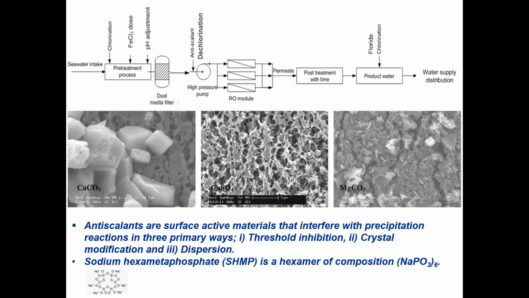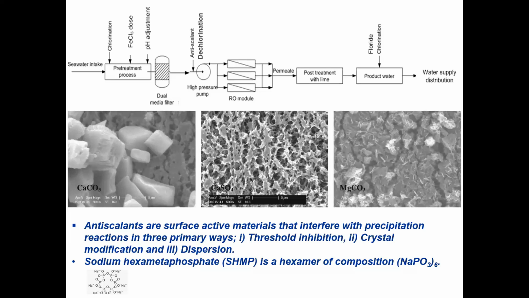Calcium carbonate, also calcium sulfate, keep growing on the membrane surface. And this is magnesium carbonate. They easily cover our membrane, and we make sure the anti-scalant can stop this kind of crystal growth.